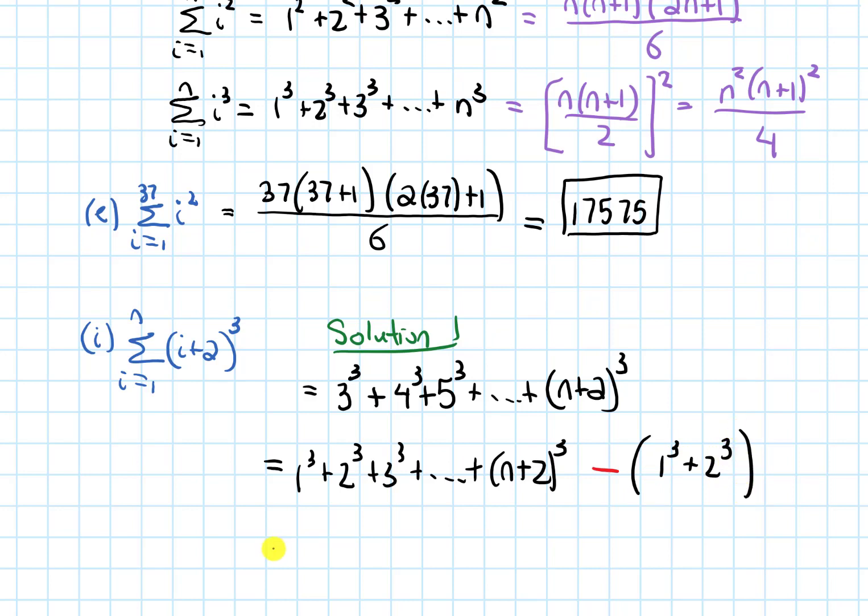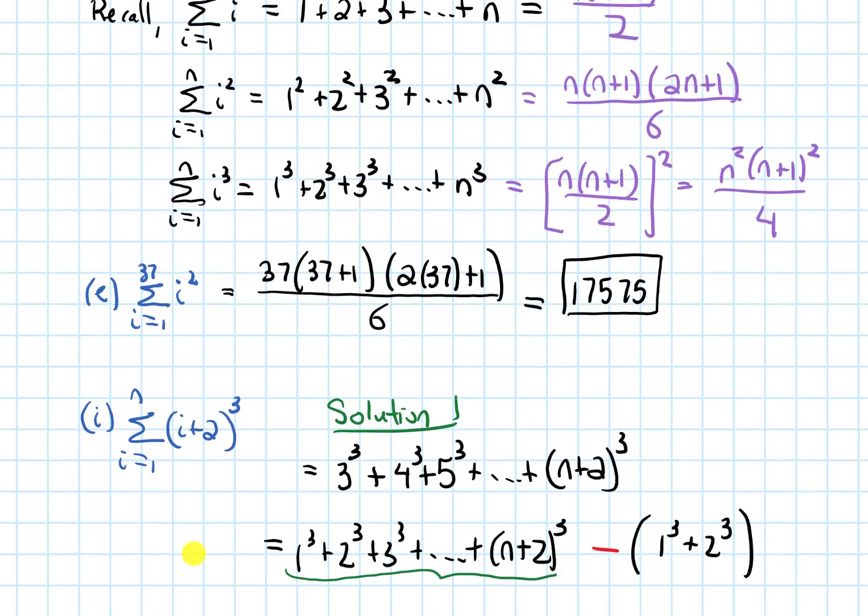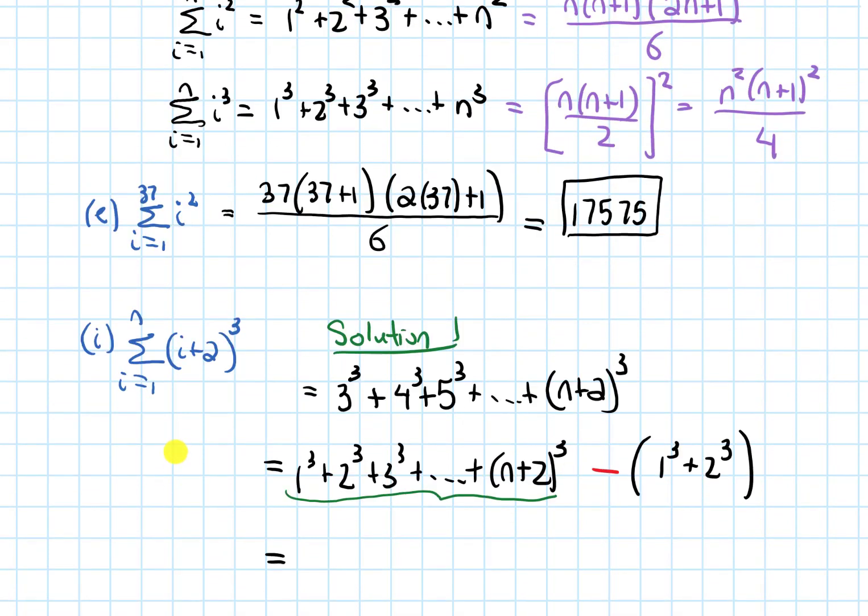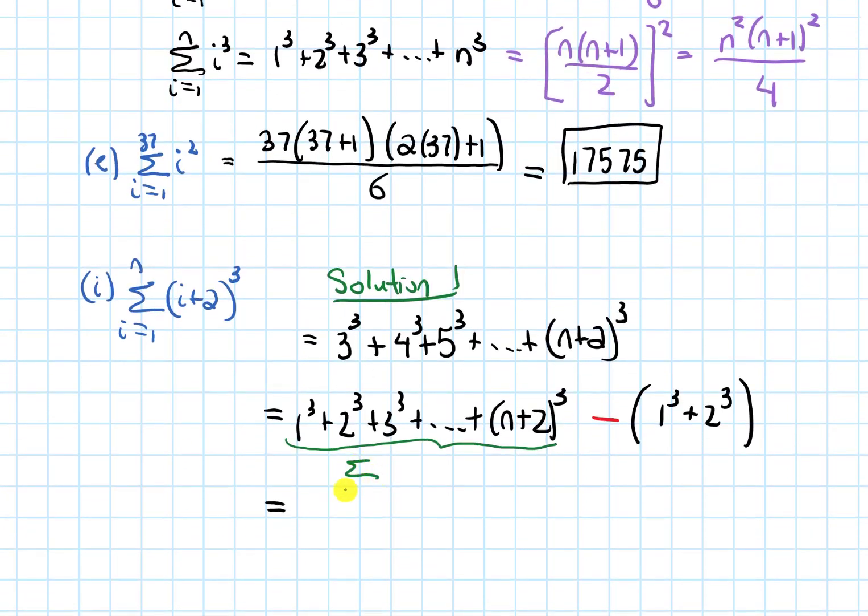And the nice part about doing that is this whole thing now we know how to handle. That's going to be this sum of cubes from i equals 1, but going up to n plus 2 of i cubed. And we can use our formula for the sum there, but instead of plugging in n, we're going to plug in n plus 2, because this goes up to (n plus 2) cubed.